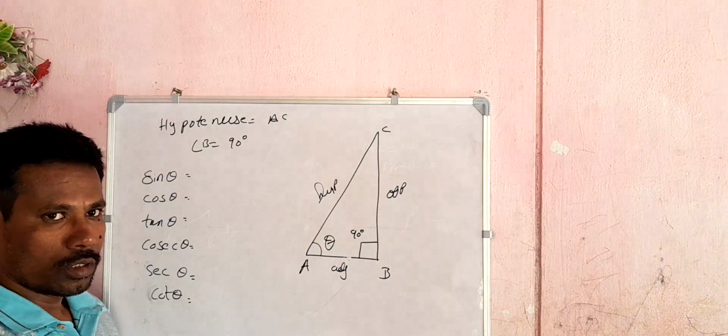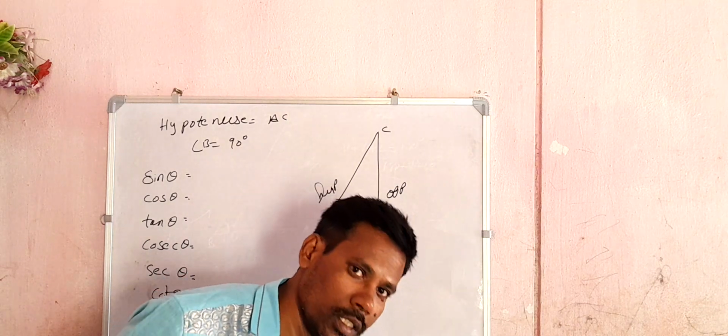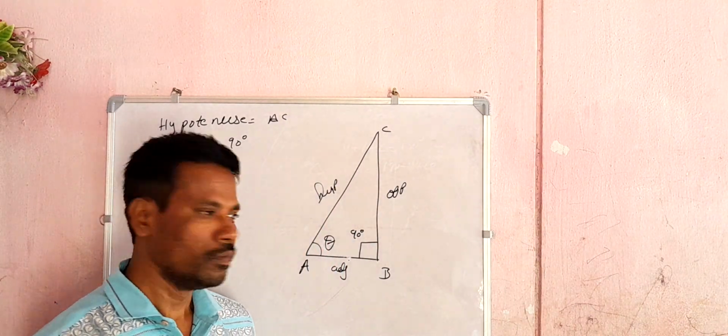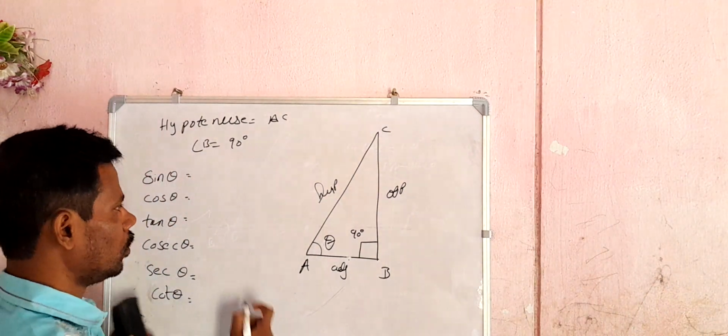So before going to this, the Pythagoras theorem. What does the Pythagoras theorem state? In a right angle triangle, the square on the hypotenuse is equal to the sum of the squares on the other two sides. What does it mean?